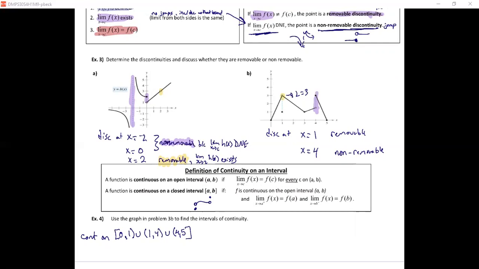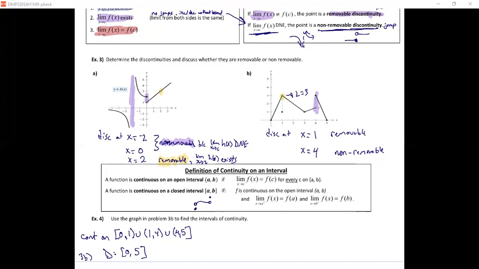Now, problem number 4, I asked what is the continuity of example 3b? And what I would like to do is highlight some key distinction. If you look at 3b, the domain of 3b is from 0 to 5. But the continuity shows that there is some form of break, even though the domain exists everywhere from 0 to 5.